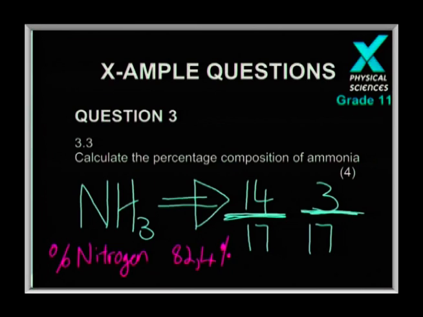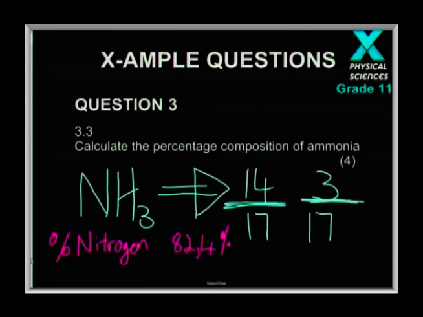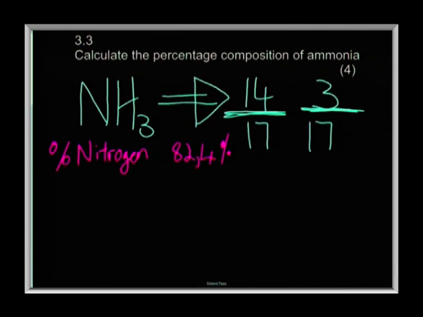And then the percentage hydrogen is 3 out of 17. Obviously, the balance must give us 100%. And that gives us then 17.6%. Percentage hydrogen is 17.6%.